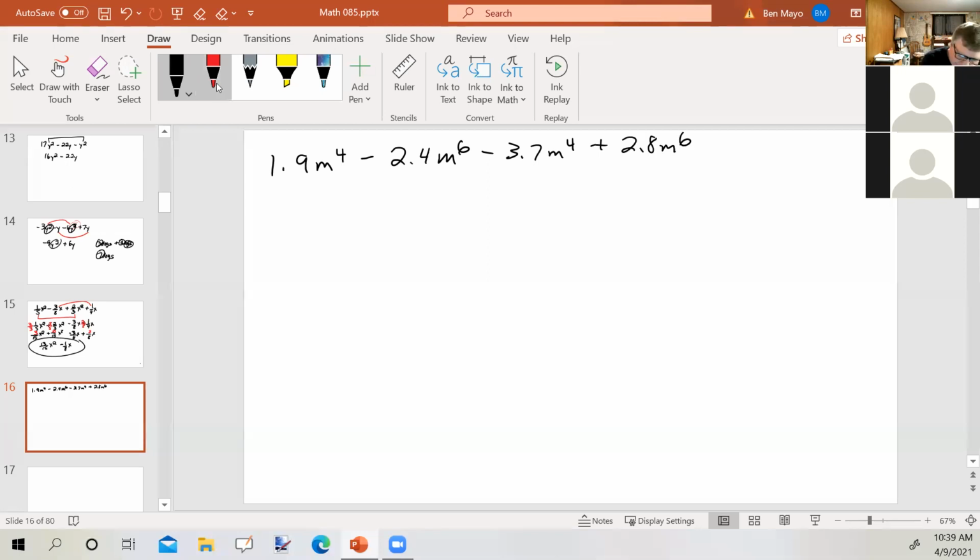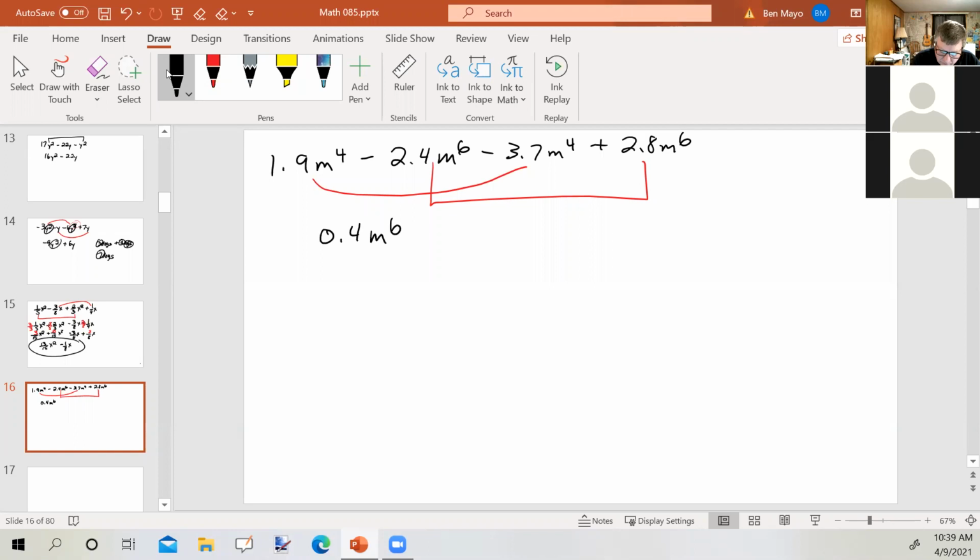So now our like terms would be those two and those two. Putting it in descending powers, I'm going to put m to the 6th in front of m to the 4th. Okay, minus 2.4 plus 2.8 would be what? It'd be a positive 0.4. Okay, any questions there?